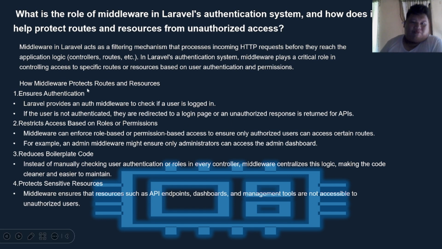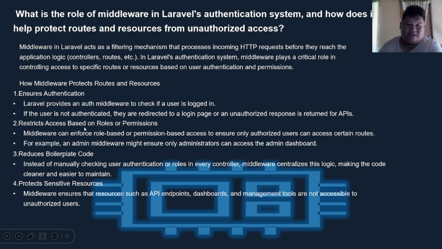How does middleware protect routes and resources? Ensures authentication. Laravel provides an auth middleware to check if a user is logged in. If the user is not authenticated, they are redirected to a login page, or an unauthorized response is returned for APIs.